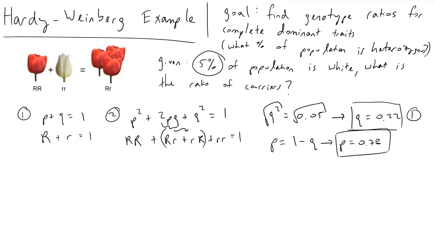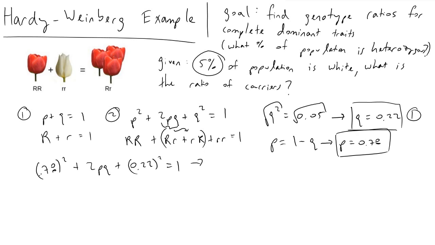Now, what we want to do is find how many of the tulips in our field have the heterozygous genotype, that are carriers for the little r allele. To do that, we turn to the second equation. Now that we've established what p is, we have 0.78 squared plus 2pq plus 0.22 squared must equal 1.